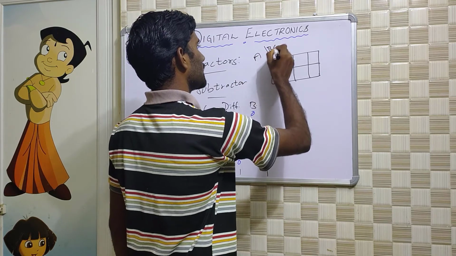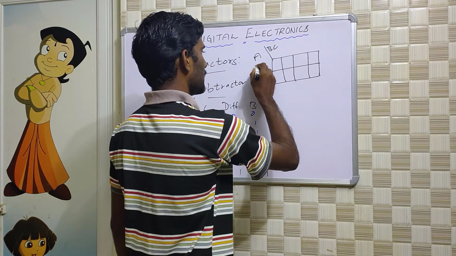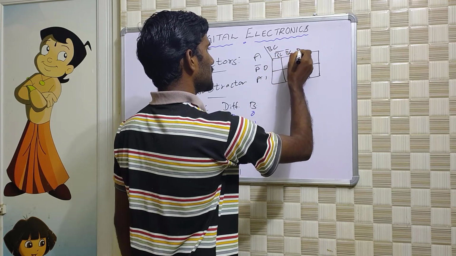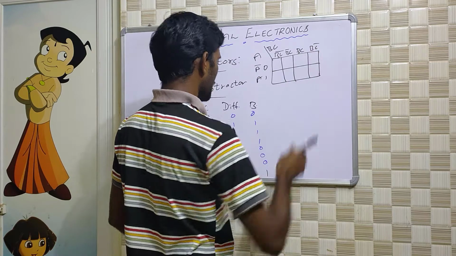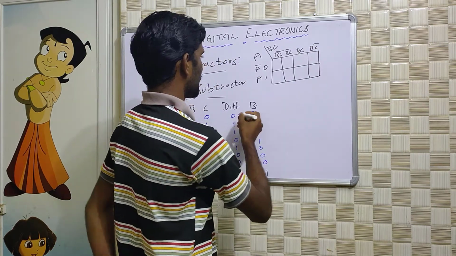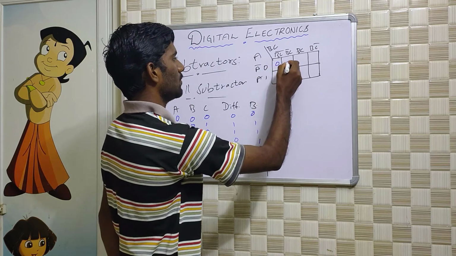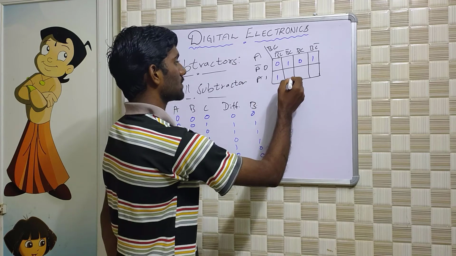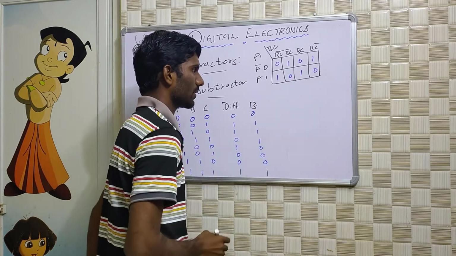A, B, C, so 0, 1, A bar, A, B bar C bar, B bar C, B C, B C bar. Right? So for the difference: 0, 1, 1, 0, 1, 0, 0, 1.